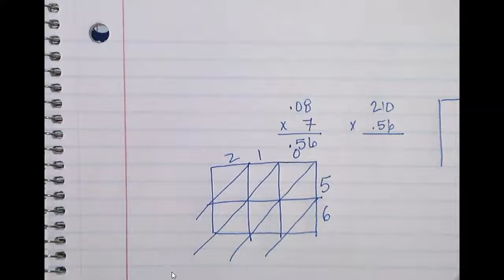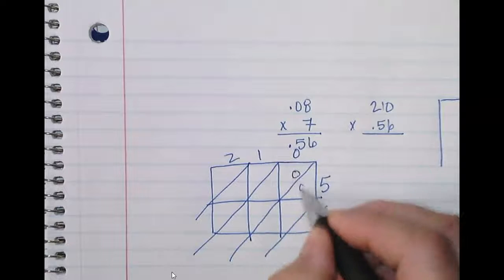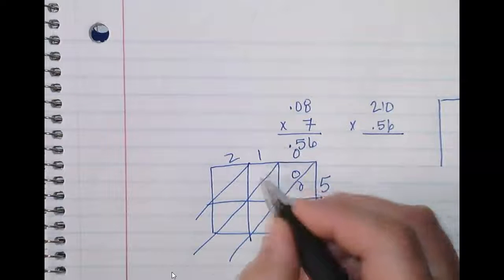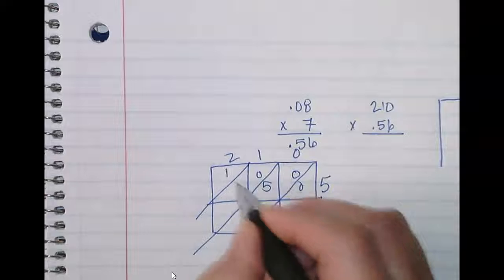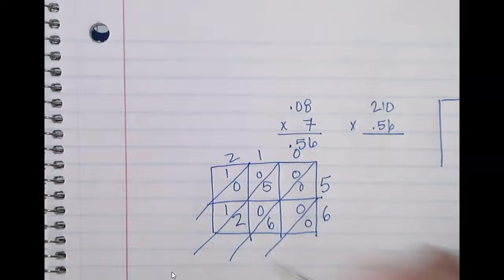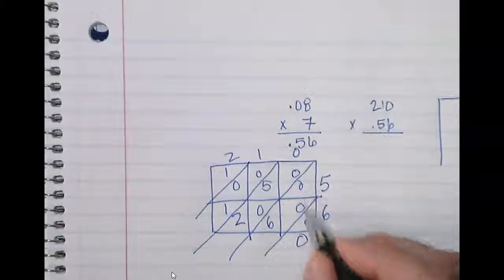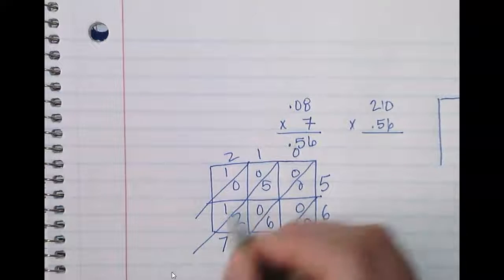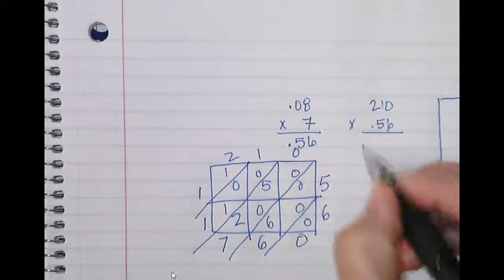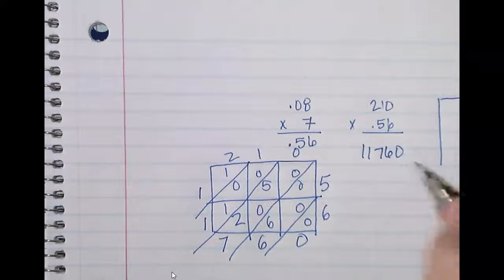I just multiply with lattice. What's 0 times 5? Probably 0, and 0 times 6 is 0, and 5 times 1 is 5, and 1 times 6 is 6, and 5 times 2 is 10, and 6 times 2 makes 12. And then I'm adding down these rows, 0, 6, 0, 5, 0, 2 would be 7, 1, 1. So this answer is 11760, and probably need a decimal, maybe there.